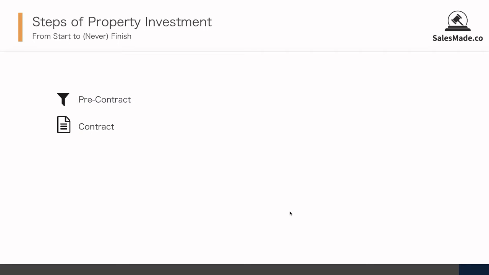During the contract stage, you are engaging your attorney or solicitors or lawyers, depending on which country you are in. In Australia, we use the term solicitors or conveyancers, and they are there to check the legal agreement on behalf of buyers. If you recall from our last session, in Australia the buyers and sellers probably never meet.